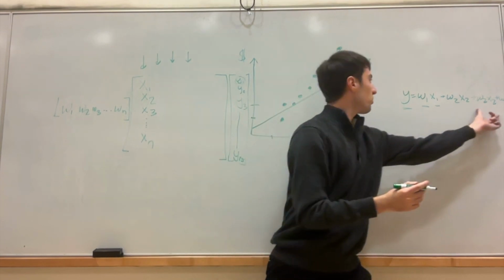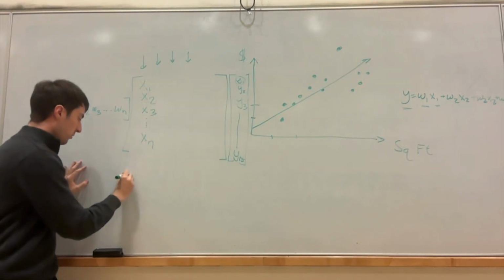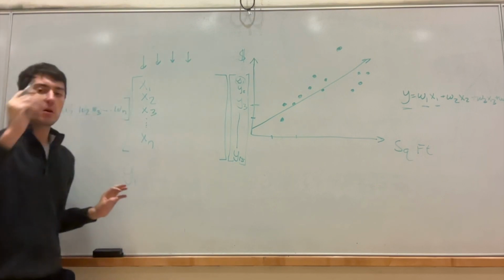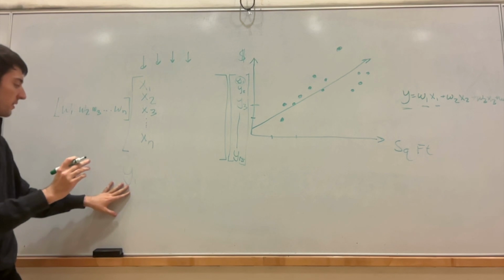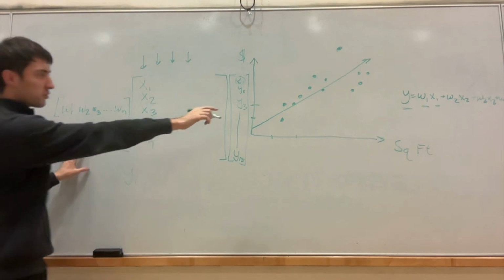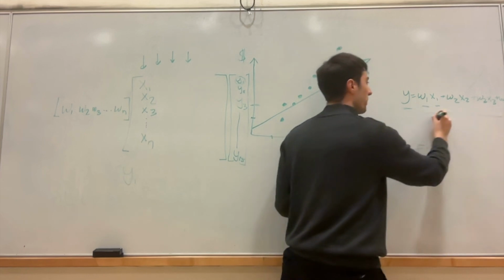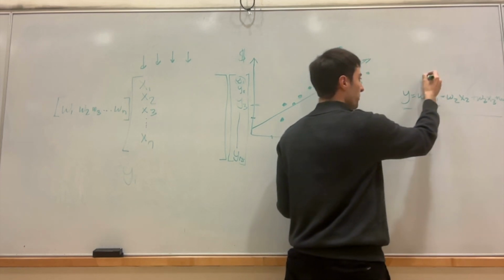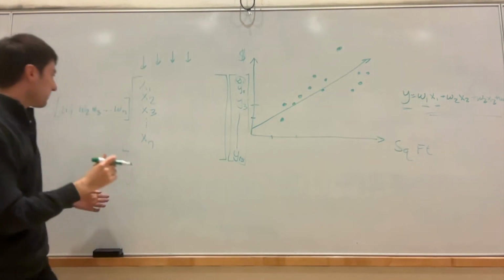This will come out to be some number. Why don't we call it Y1? It's going to be some output, right? That's what it is here. It's an output. We said we take in this input, we do this linear transformation, and it gets an output.